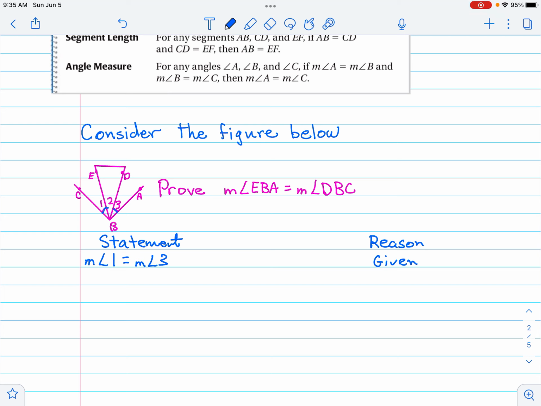The measure of angle EBA is equal to the measure of angle 2 plus the measure of angle 3. And that is the angle addition postulate. Remember, we talked about angle addition.